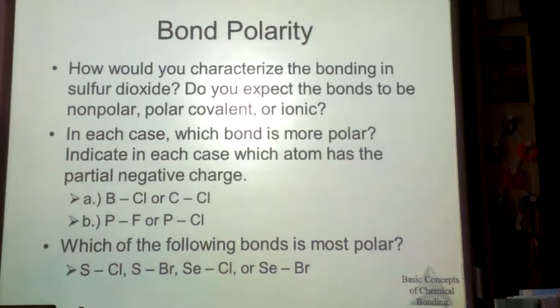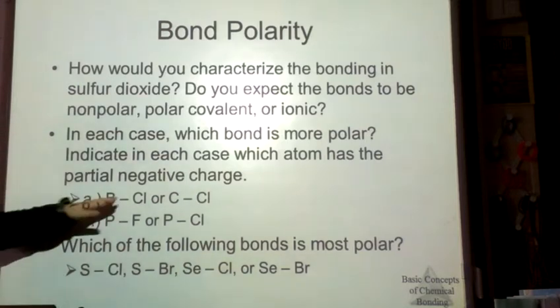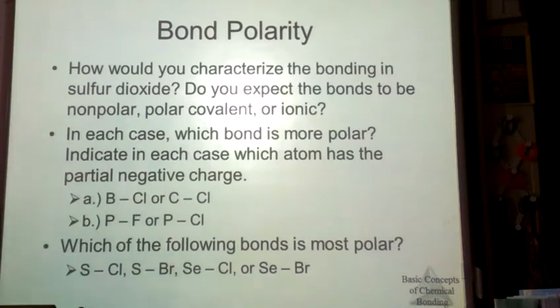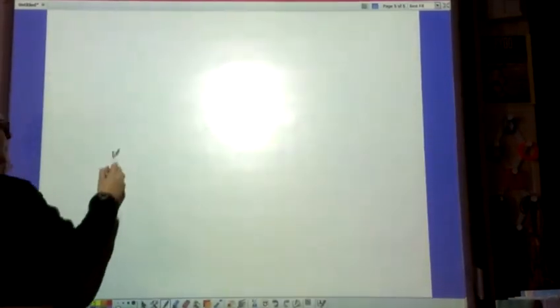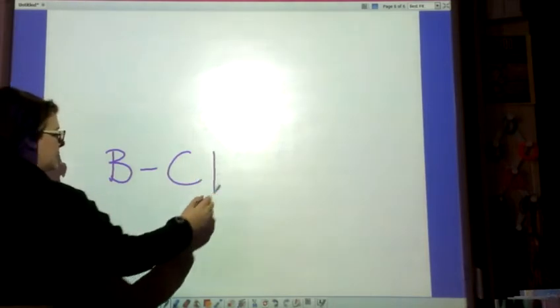So if I'm thinking larger space means greater electronegativity difference, means the bond is more polar, that would be this one, versus these are a little bit closer together. So if we're thinking about which atom has the partial negative charge, let's go back and draw the dipole for each of those. So I have boron and chlorine.